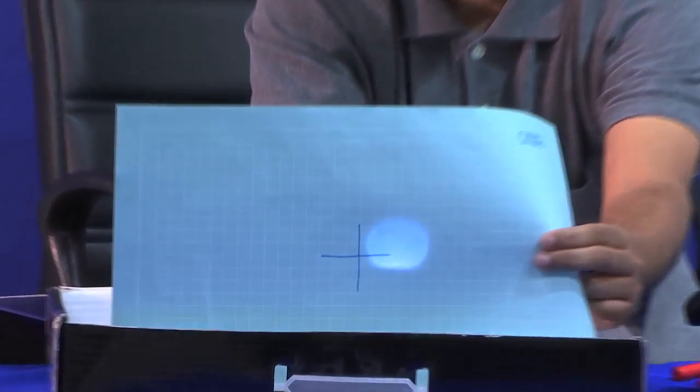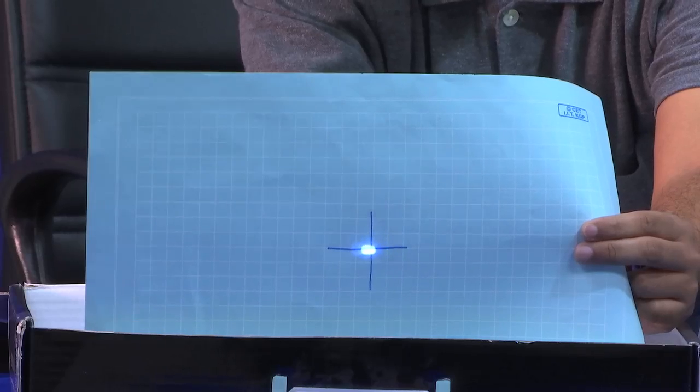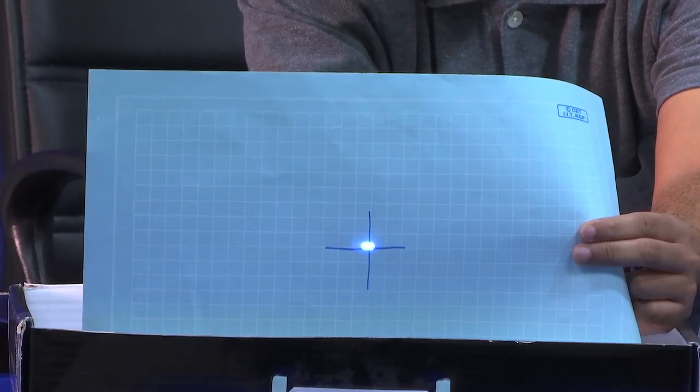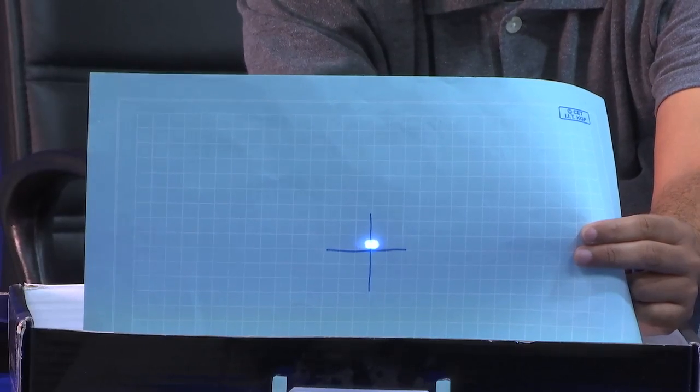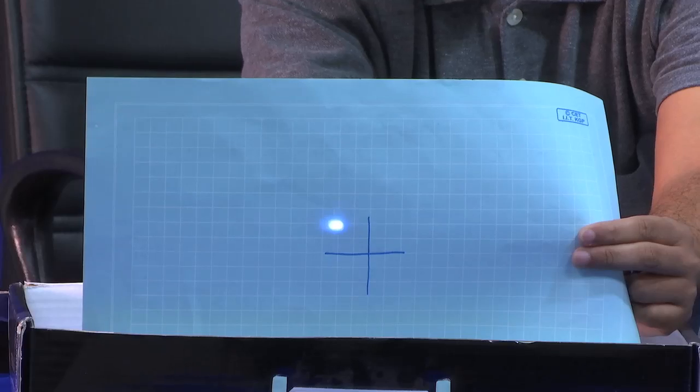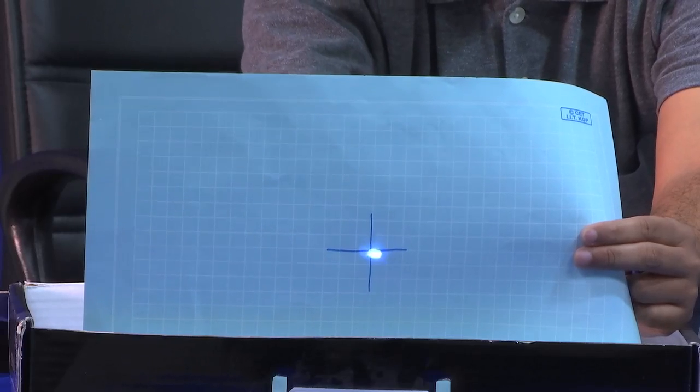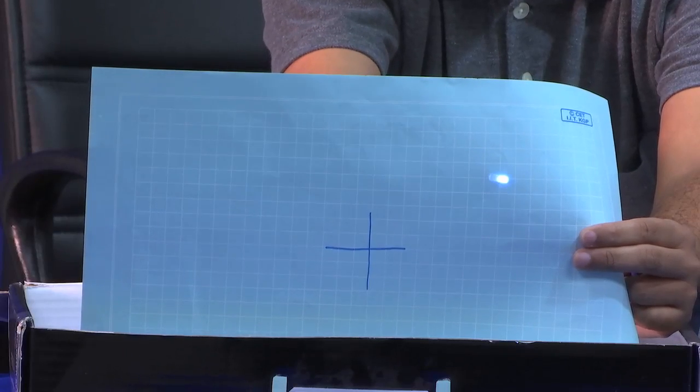Let me just mark the center. Let this be the center of the screen from the front. So, if I apply simultaneously a positive voltage between the horizontal plates and the vertical plates, the beam will go like this, come here.